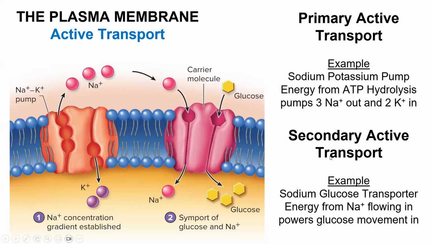Secondary active transport is almost like borrowing energy. So this time we have primary: we need ATP to make this pump go. In this secondary example, we're using energy that is created by this movement of ions, and that also allows us to bring in glucose.